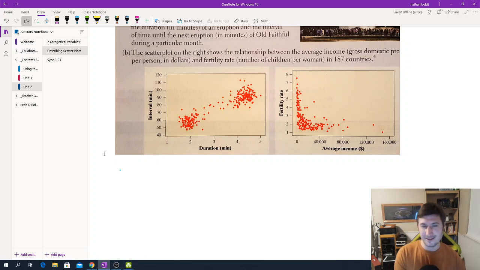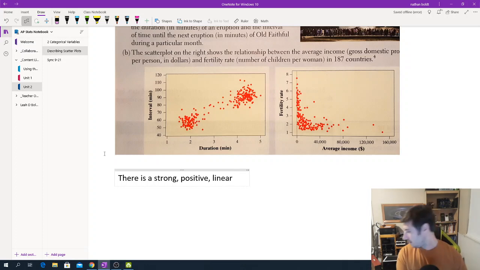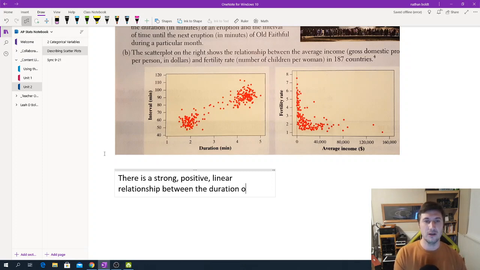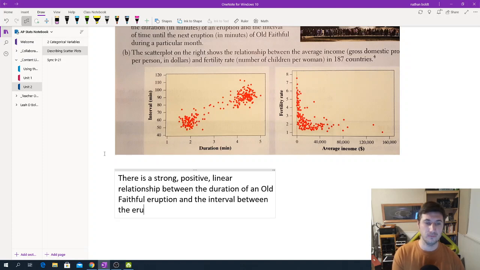So I look at that, I see linear. It looks pretty strong to me. It's going up, so positive. So there is a strong, positive, linear relationship between the duration of an Old Faithful eruption and the interval between the eruptions.